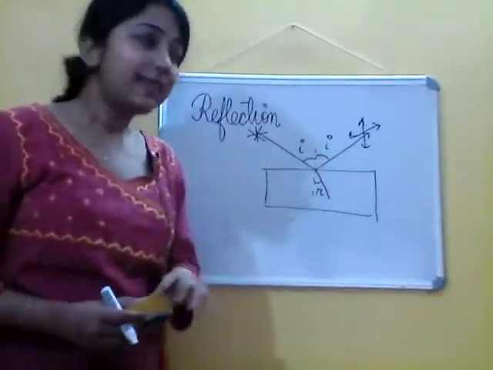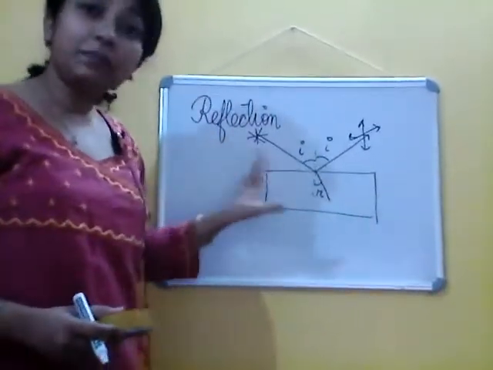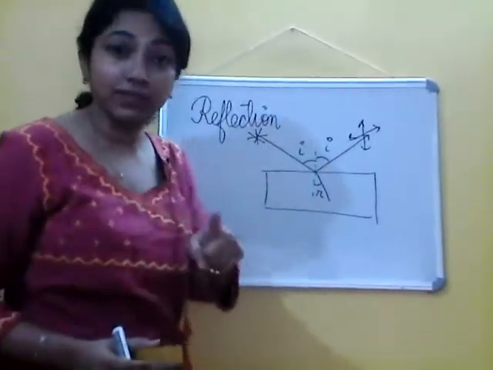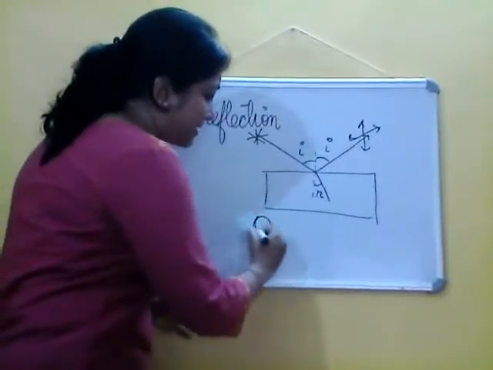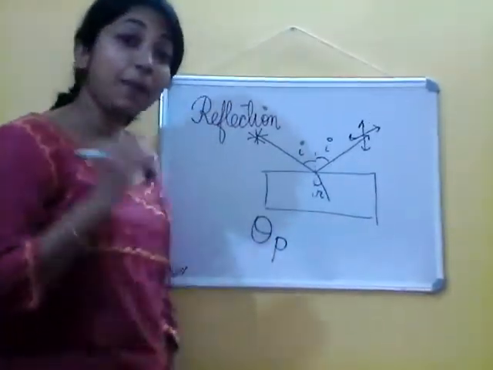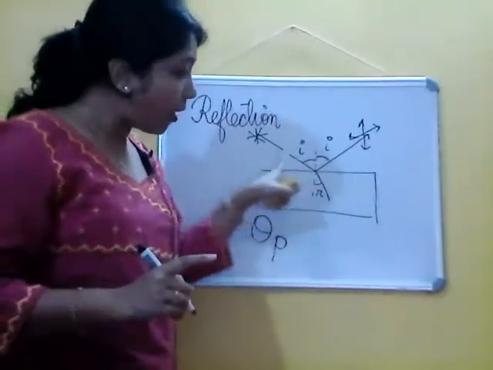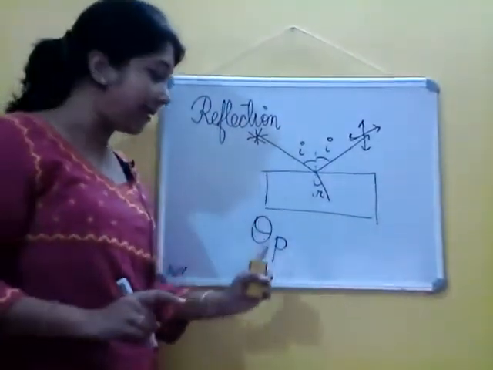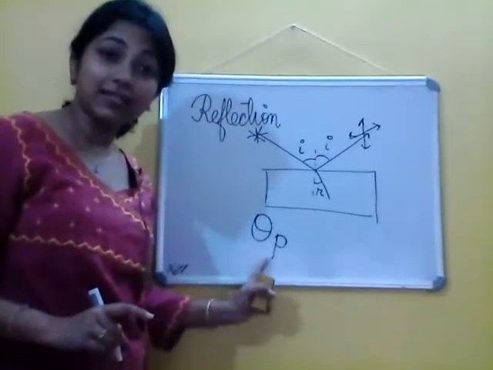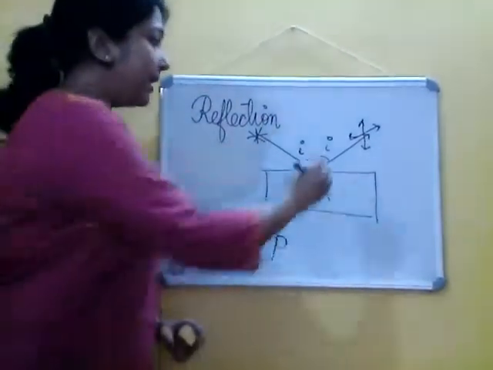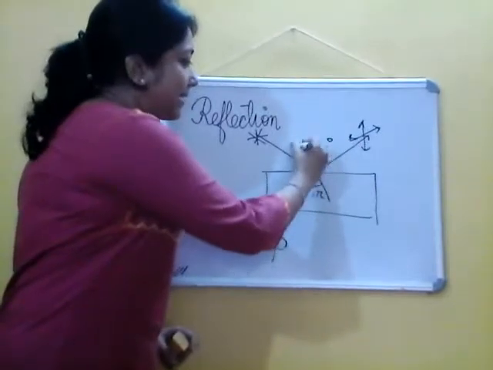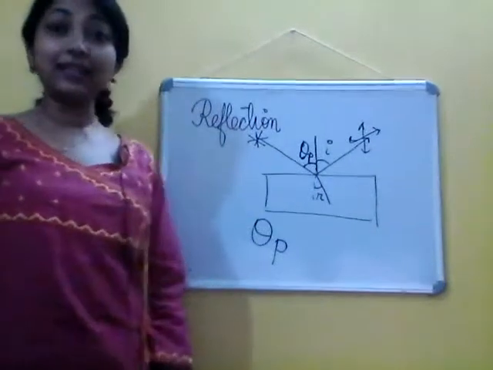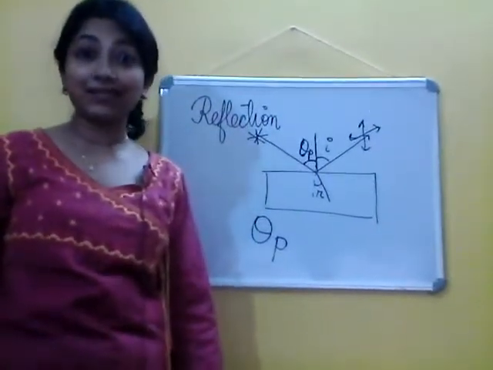He found that for every optical medium like this, there exists a particular angle of incidence, which he called theta p. Please note down that for every optical medium like this, there exists a particular angle named by Brewster as theta p, such that if the light is incident at the angle theta p, the reflected light is completely plane polarized.